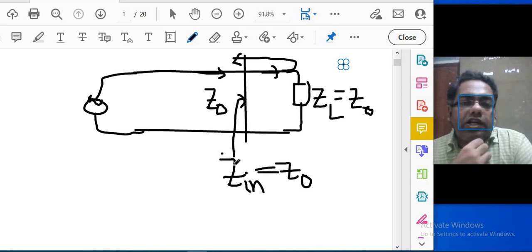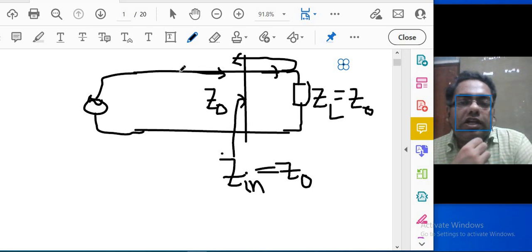We have the general expression of ZIN. In that general expression of ZIN, just put ZL equal to Z0 and we will get the expression of ZIN to be equal to Z0.